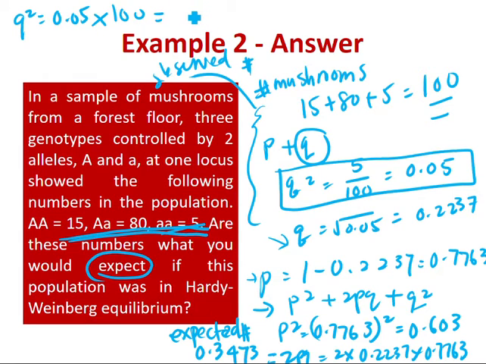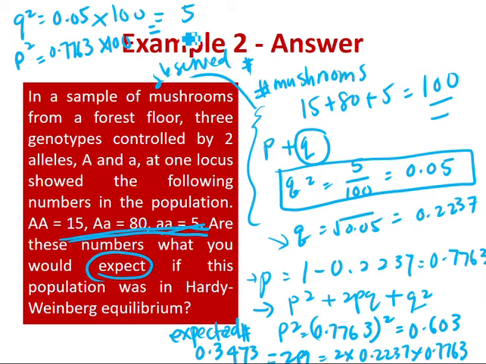So you get 5. What about P squared, 0.7763 times 100?